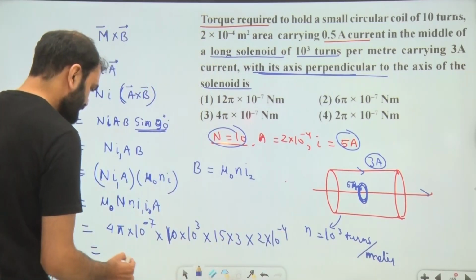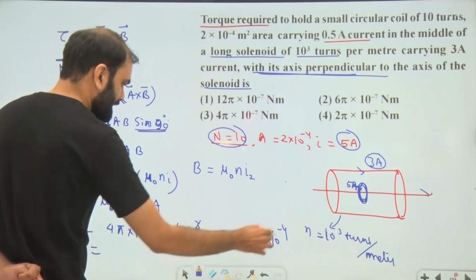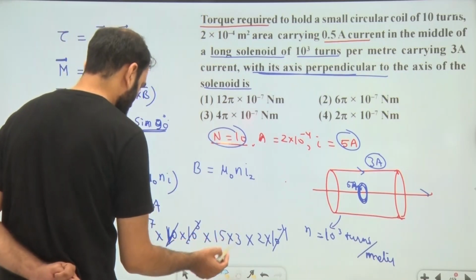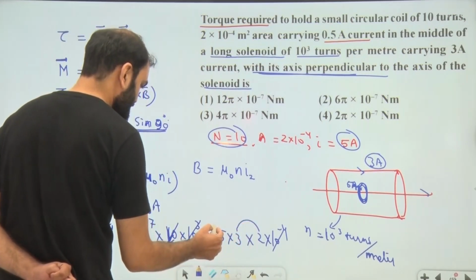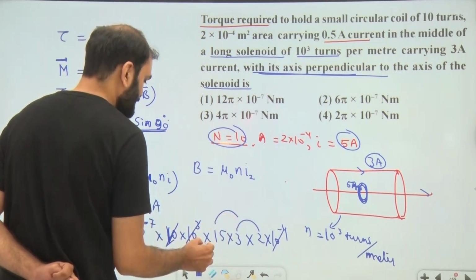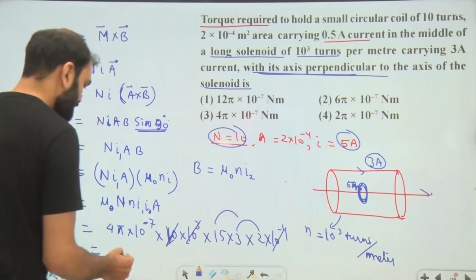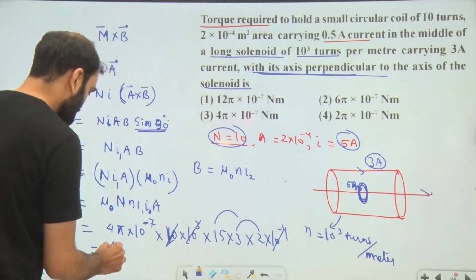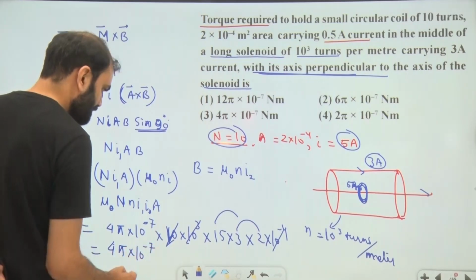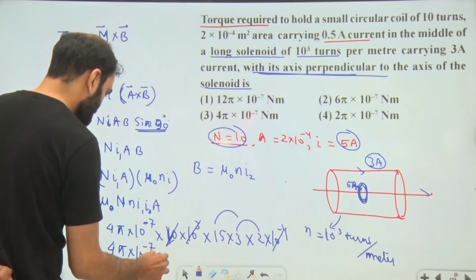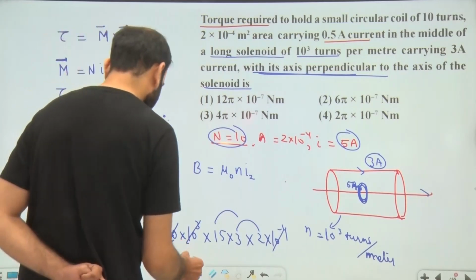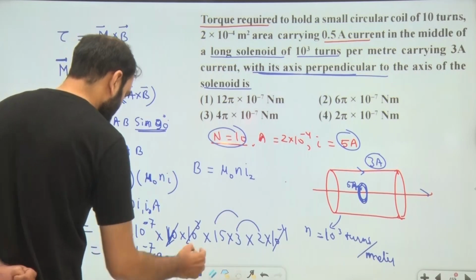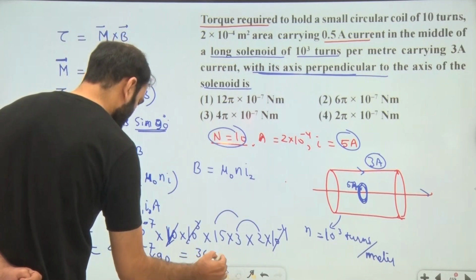The 10 raised to power 4 cancels out. Multiplying, you get mu naught, 4 pi into 10 raised to power minus 7, multiplied by 90, giving 36 pi into 10 raised to power minus 6.